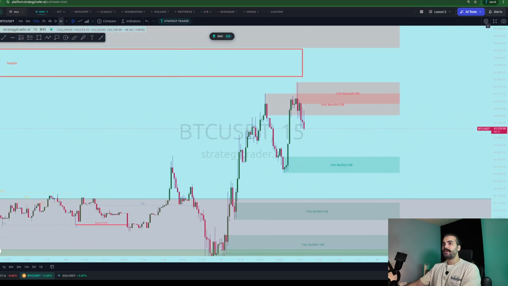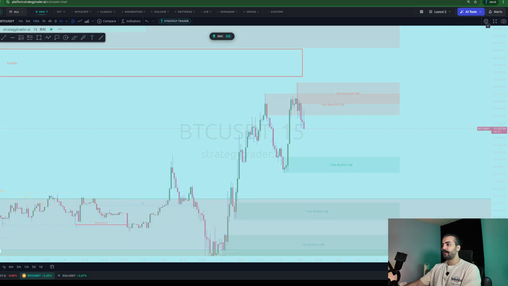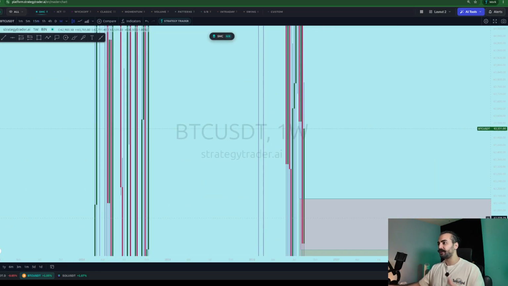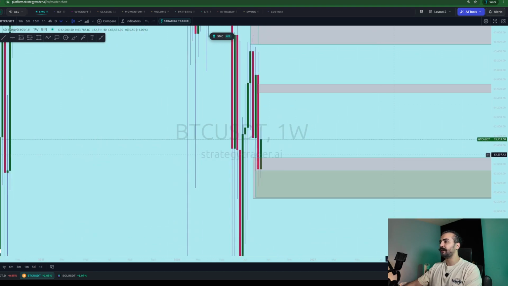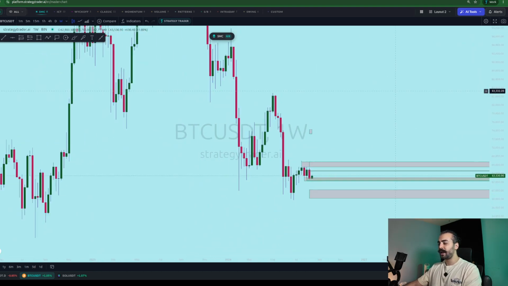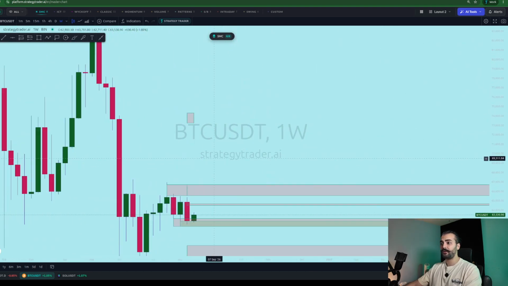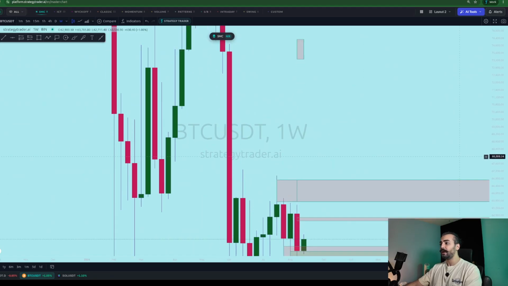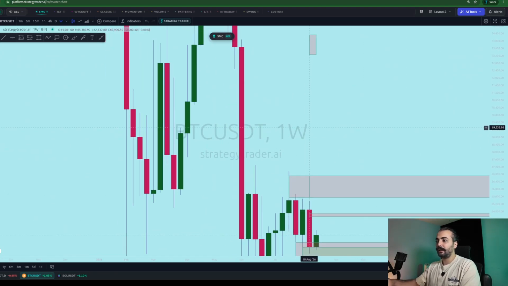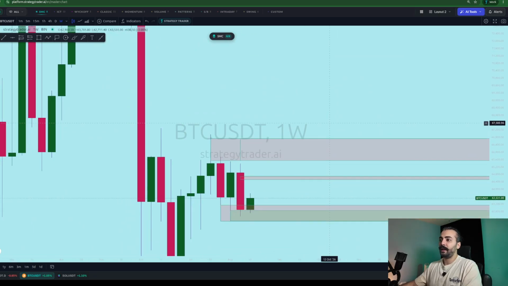I'm gonna start with weekly time frame. The weekly time frame on Bitcoin is very interesting. What we have here is, again, the candles on higher time frames matter. What we're talking about is daily, weekly, monthly: the way the candles close or open really matters.